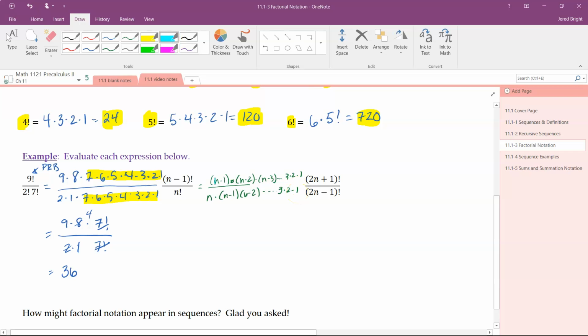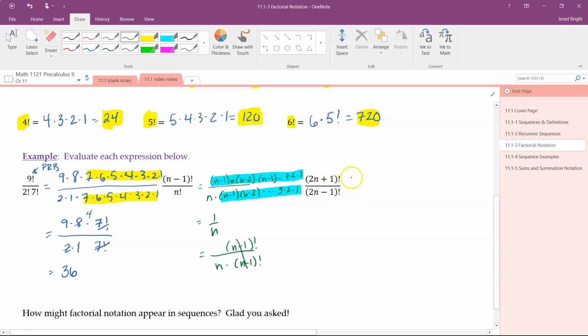Notice that these are the same up until n. So those I can reduce, right? They would cancel out because they're all multiplied, and I just have 1 over n. Another way that I see this is that the denominator I'd write as n times n minus 1 factorial, and then n minus 1 factorial in the numerator, and those would cancel. So that's another way of writing it.